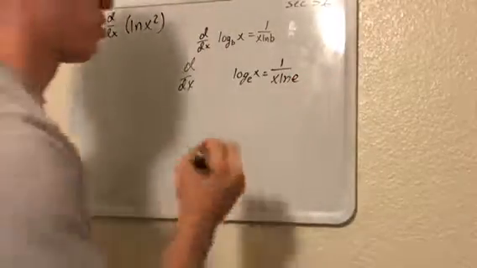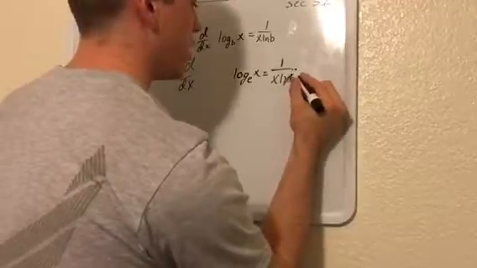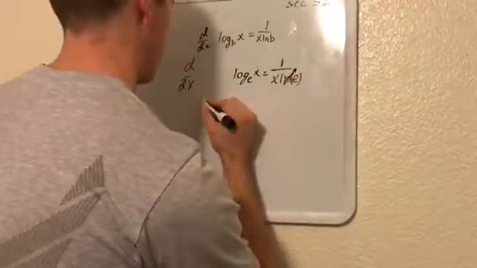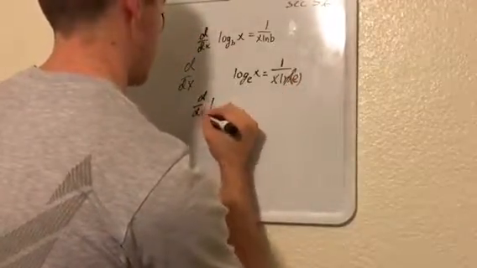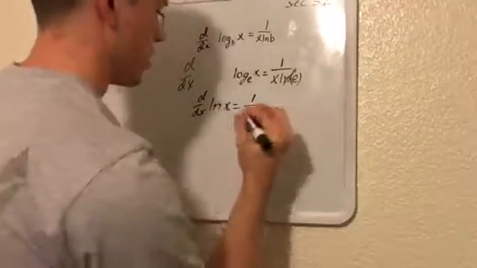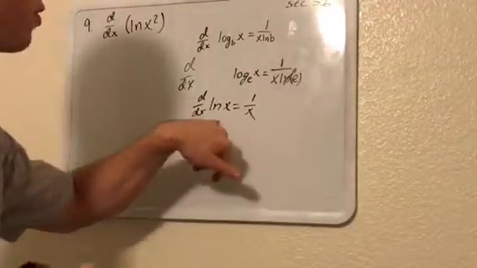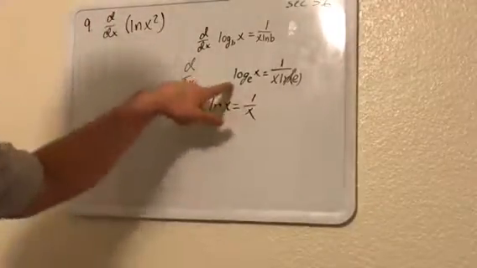But since the natural log of e is only equal to 1, that means that the derivative with respect to x of a natural log of x is equal to 1 over x. You've probably seen 1 over x as being the derivative of natural log of x. This is where it comes from.